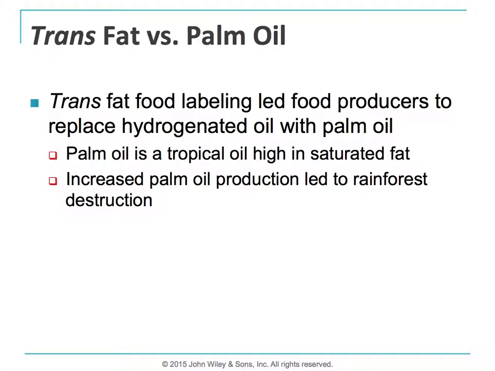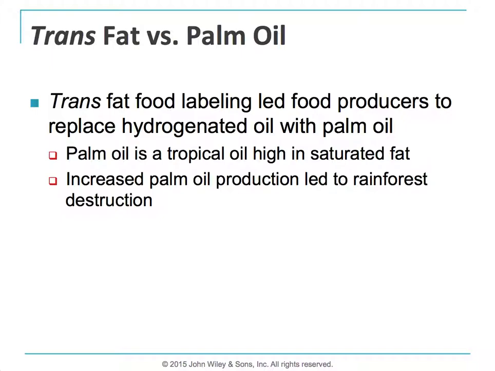This is another oil you see a lot. Trans fat food labeling has led food producers to replace hydrogenated oil with palm oil. And so you don't see that word hydrogenated, so you think, okay, it's not hydrogenated, it's not a trans fat, not bad. Wrong. Palm oil is a tropical oil that's very high in saturated fat.